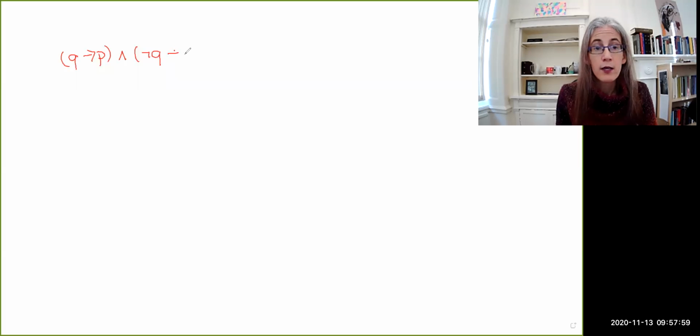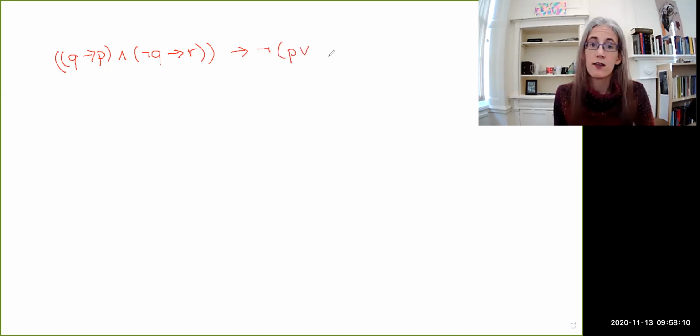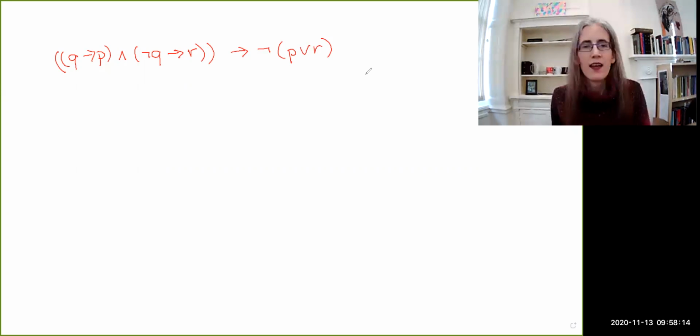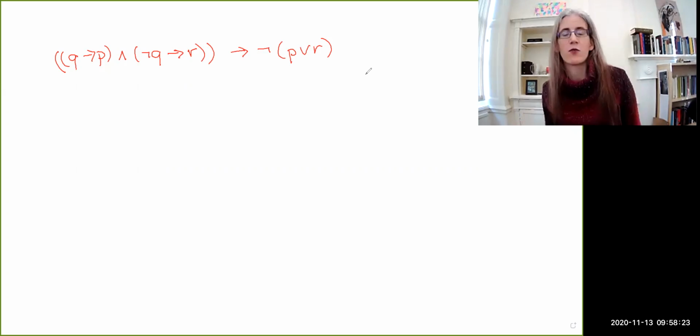So Q implies P, not Q implies R. If this is the case, then is it the case that we have either not P or R? So, sorry, there. If Q implies P and not Q implies R, then it's not the case that you have either P or R. That's what I wanted to say.